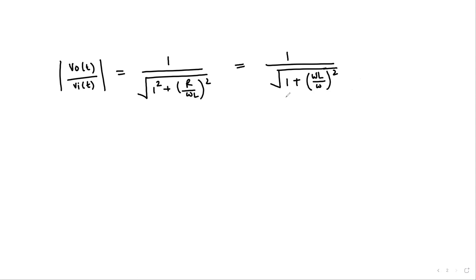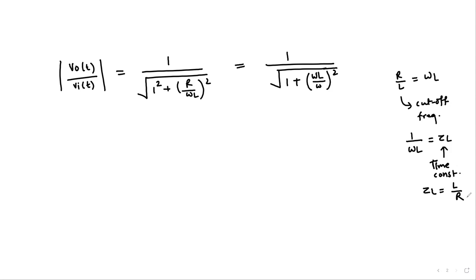So what is to be noted here is that this R over L is nothing but omega L, that is the cutoff frequency or break frequency of this filtering function. And this 1 over omega L is nothing but tau L, which is the time constant, and tau L would be L over R.